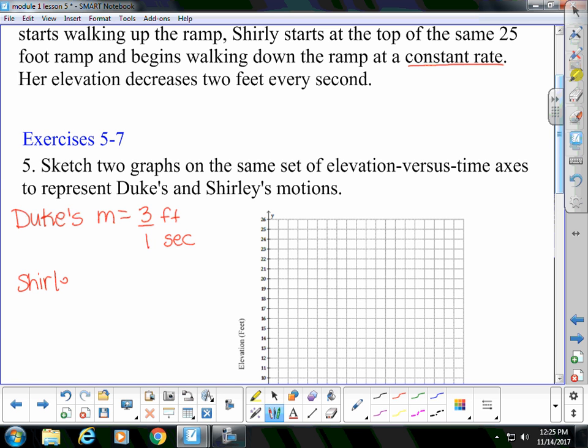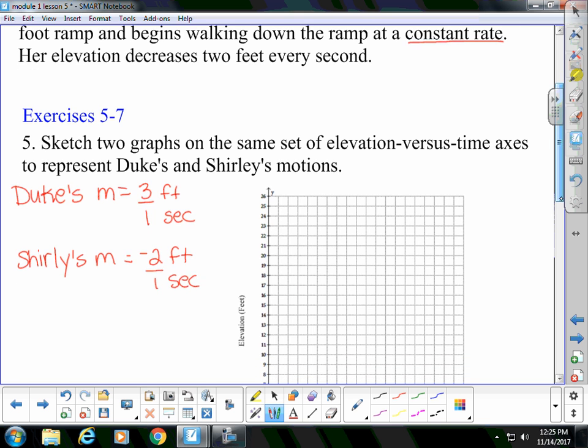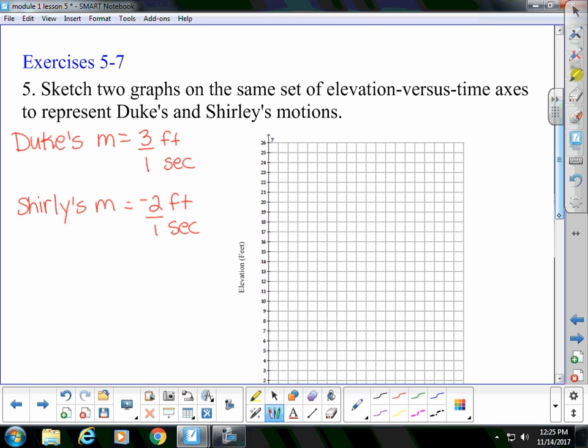So Shirley's slope is negative 2 feet for 1 second. She's negative because she's going down the ramp. One of them is always going to be negative, whichever one is up at the top and going down, whichever one has a decrease in the slope.